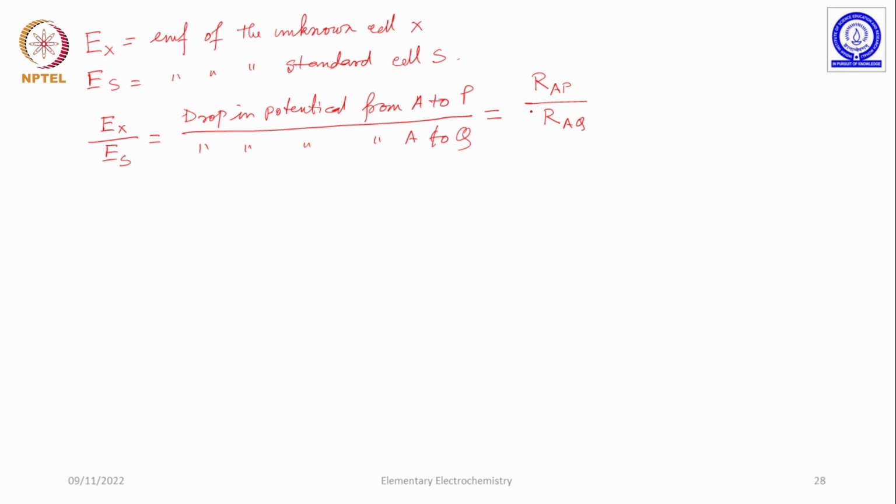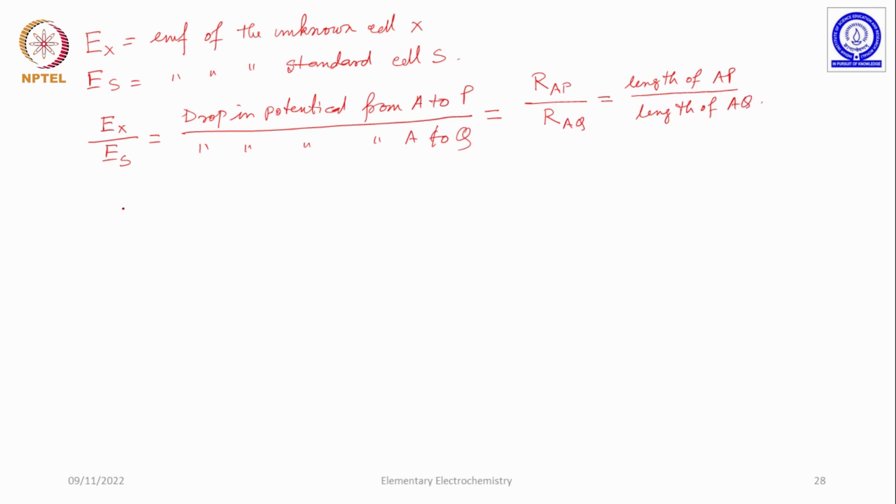And since this wire is of uniform resistance, that resistance is proportional to the length AP divided by the length AQ.